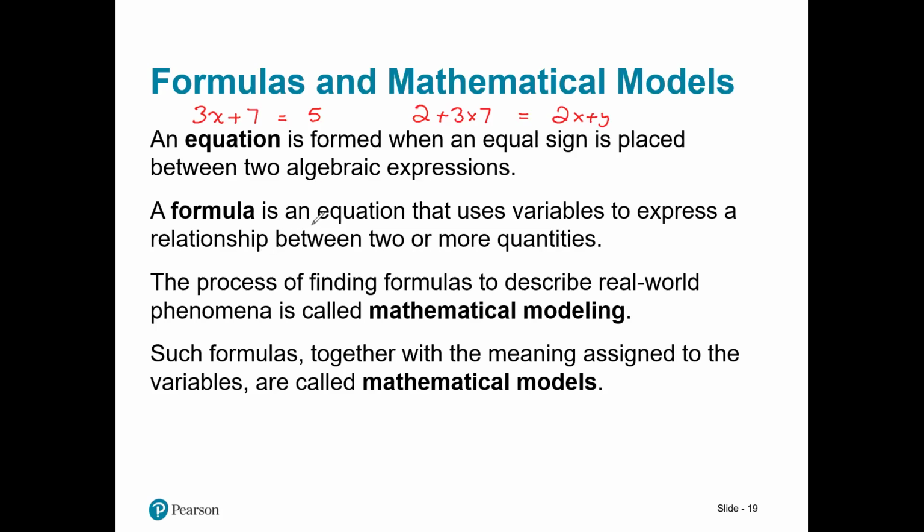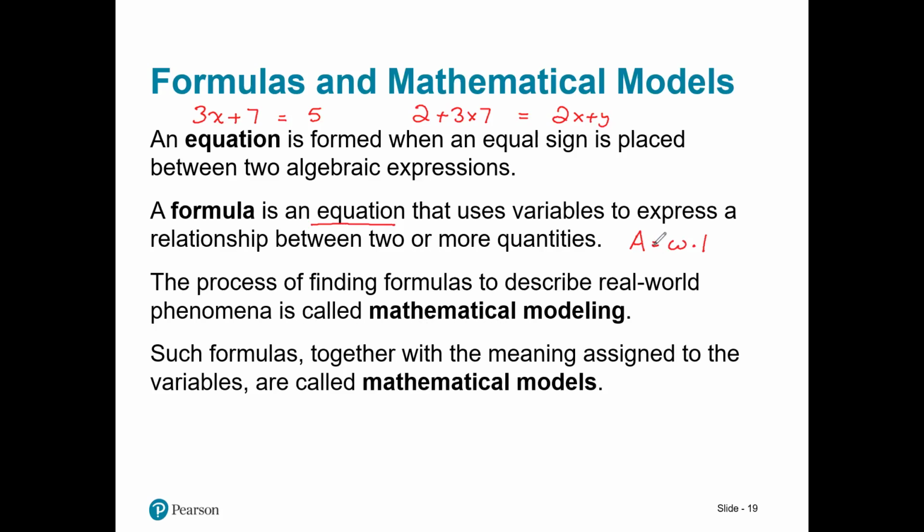A formula is an equation that uses variables to express a relationship between two or more quantities. You've seen a lot of these. Area is width times length. There are 3 quantities there. The process of finding formulas to describe real-world phenomena is called mathematical modeling.